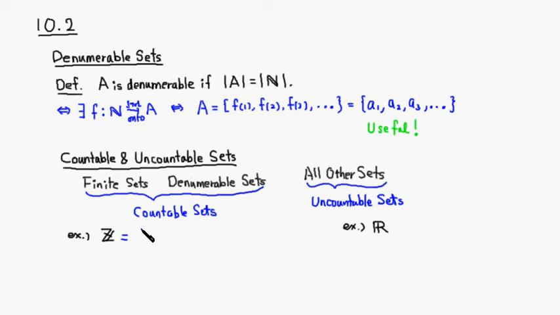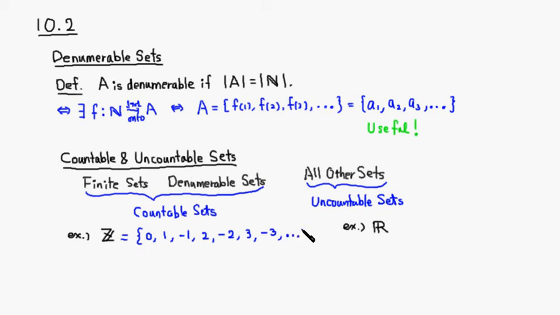Set of all integers. Let's try to list it. Let's start with 0. Next one is probably 1. Next one is -1. Next one would be 2, and -2, 3, -3, and so on.